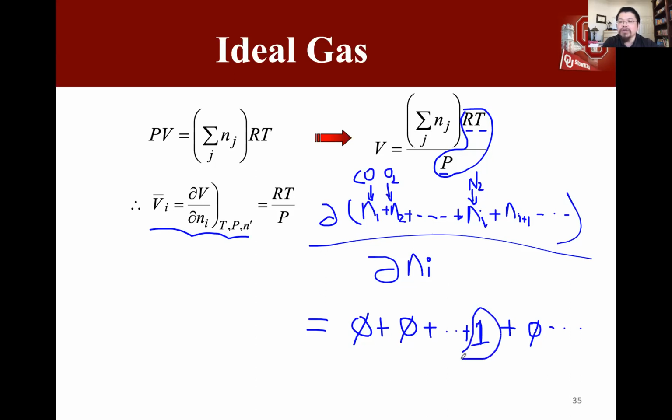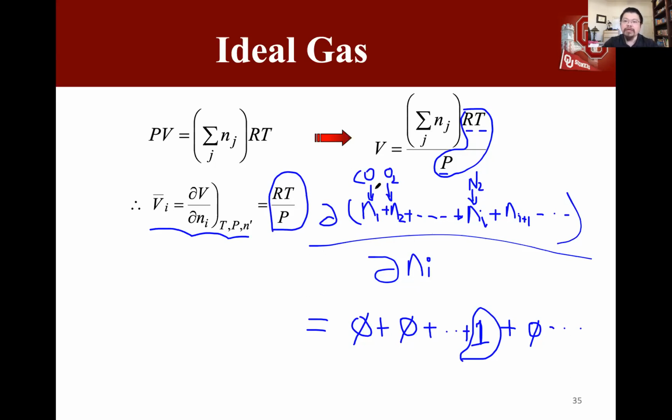That is my answer. So 1 multiplied by RT over P. This is my final answer. Okay. I guess I have to stop almost over here. Let me have 1 more minute to finish the equation.